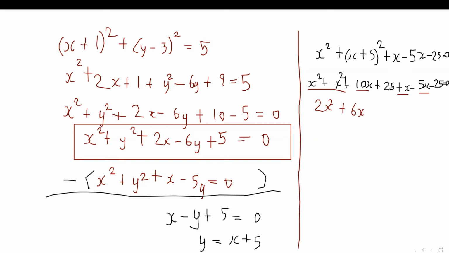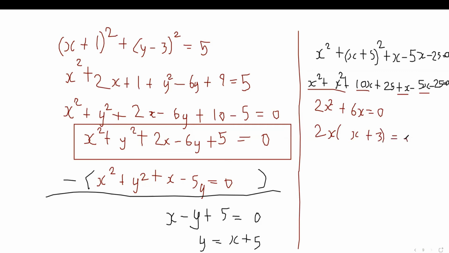Good. Then we have 25 and a minus 25, so that is gone, equals 0. We can factor out a 2x, and we're left with x plus 3 equals 0.